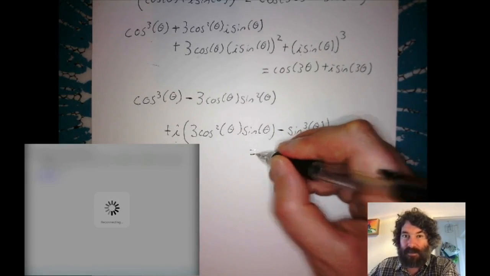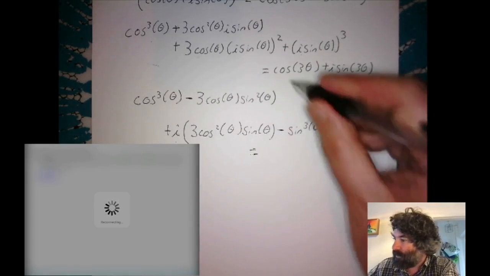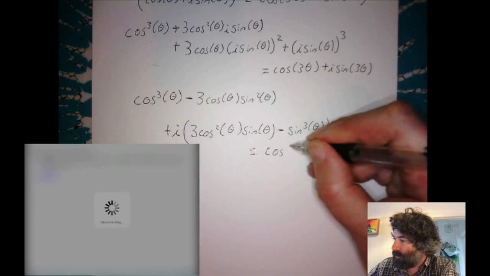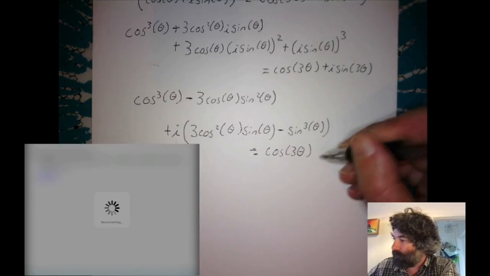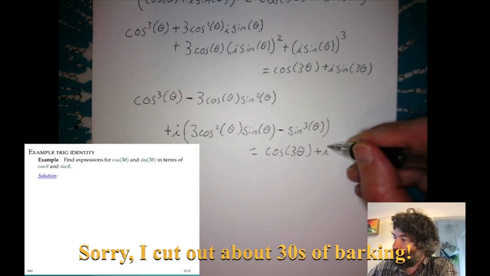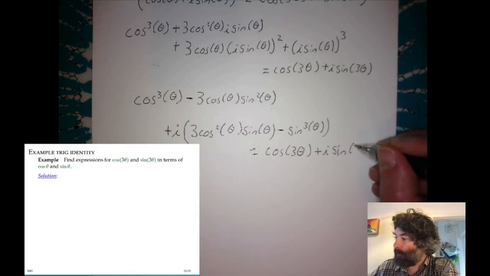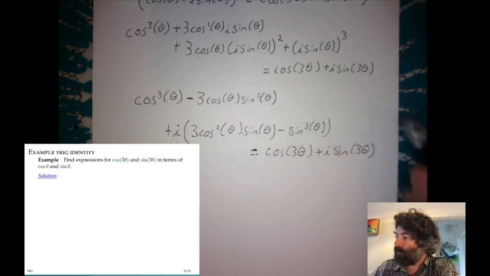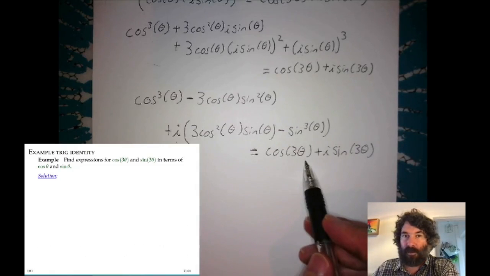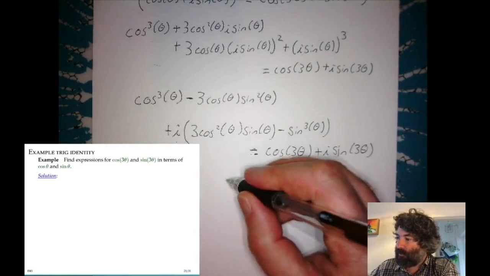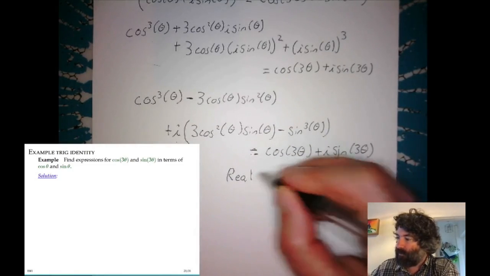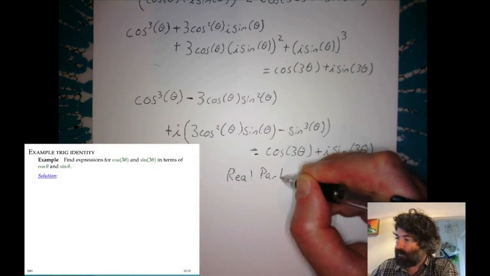Okay, and so this equals, once again, cosine of 3 theta plus i sine of 3 theta. Right, so cosine 3 theta is the real part. You take the real part of both sides.